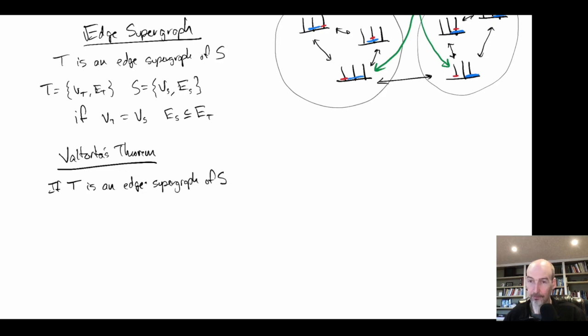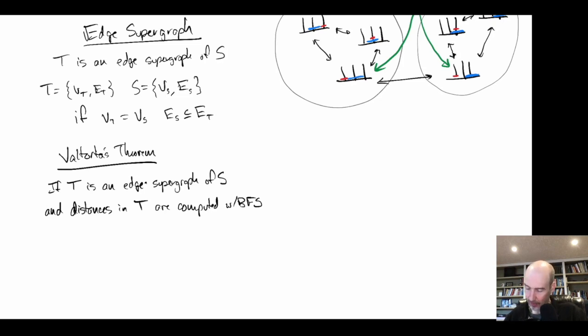of S, and distances in T are computed with a breadth first search. Okay, so T is the edge supergraph, we're going to do a breadth first search there.